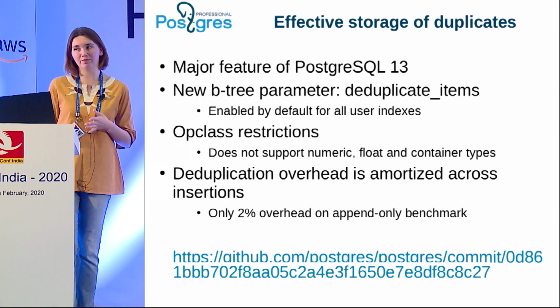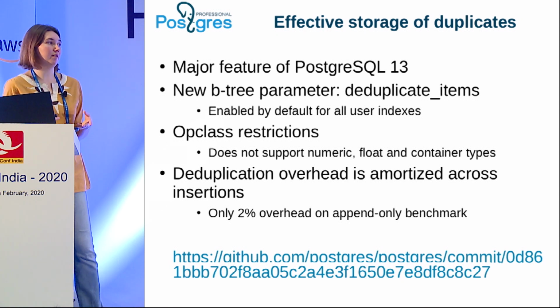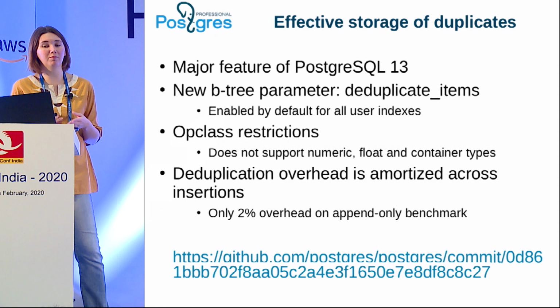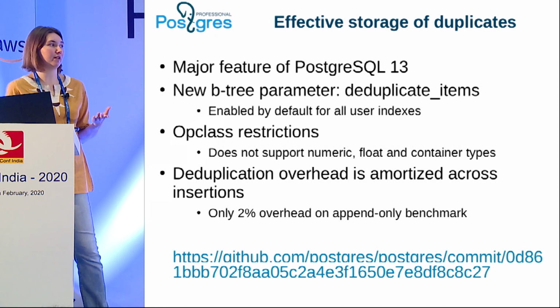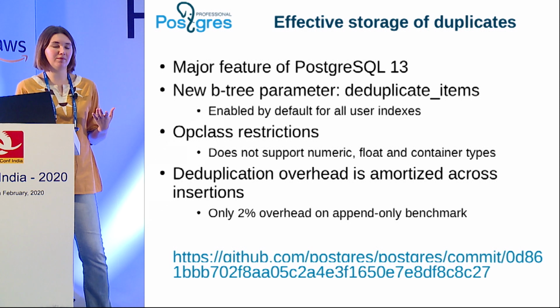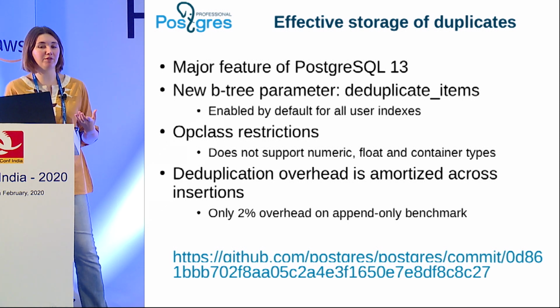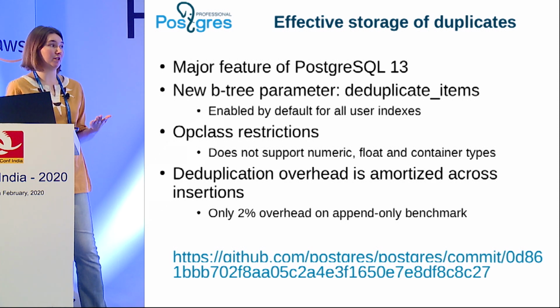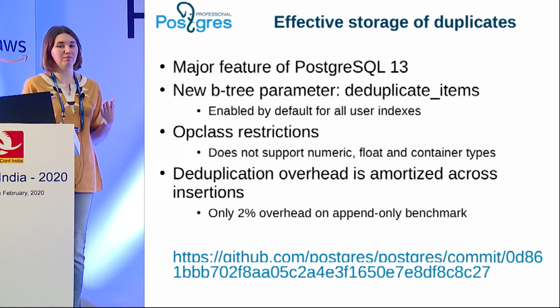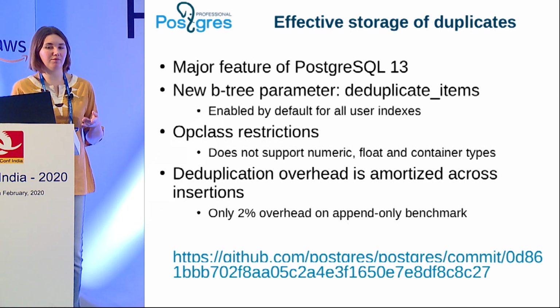We will try to work more on arrays because it seems to be an important feature, but it does not support numeric and float because of the data type nature, because the binary equality of two numeric attributes does not mean that they are equal, that they can be shown as equal to the user. So I think that's the major restriction because there are some B-tree indexes on numeric fields.